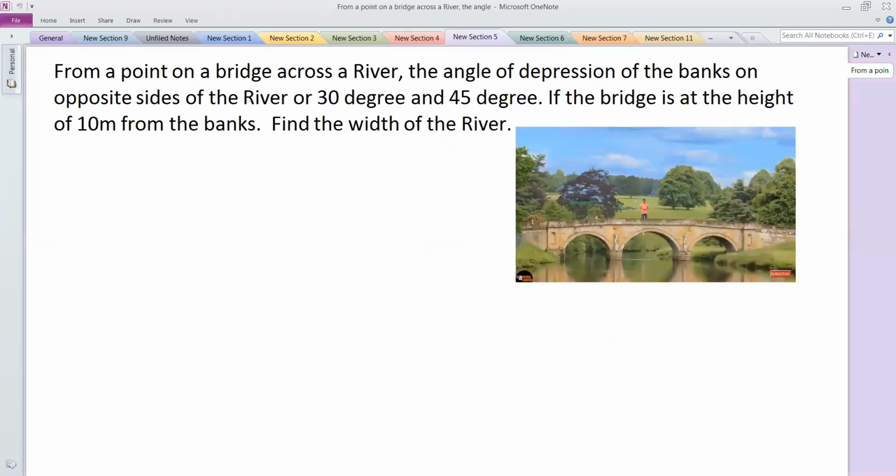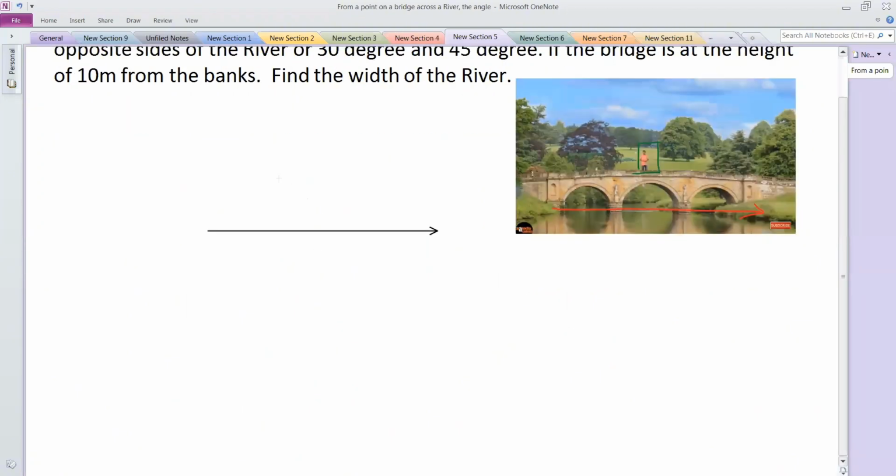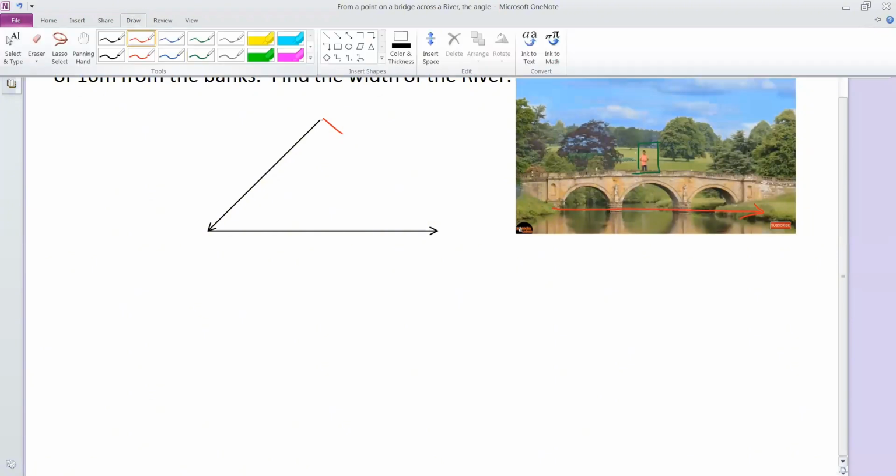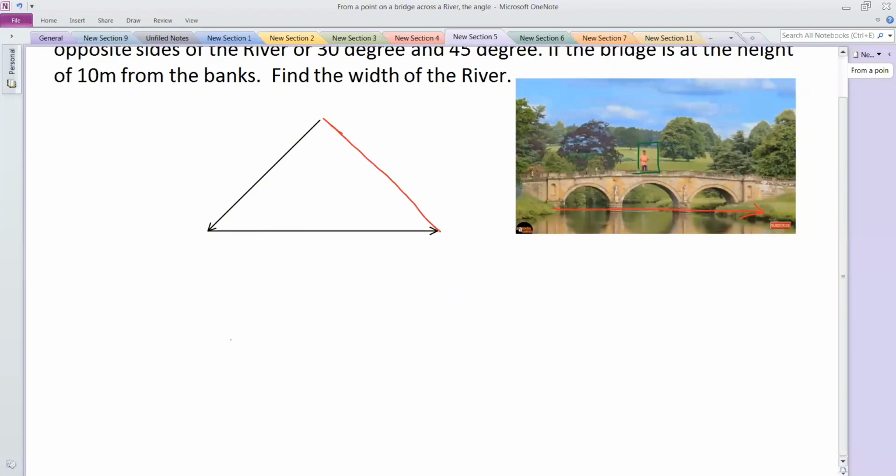Next, see here, for the person standing here, you are looking at both sides of the river. Fine, you are the person standing here, you consider.